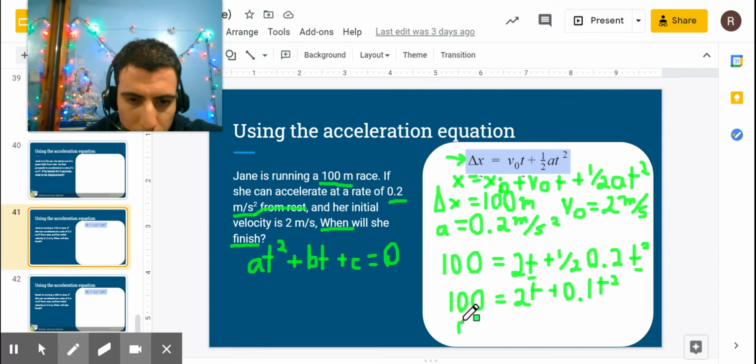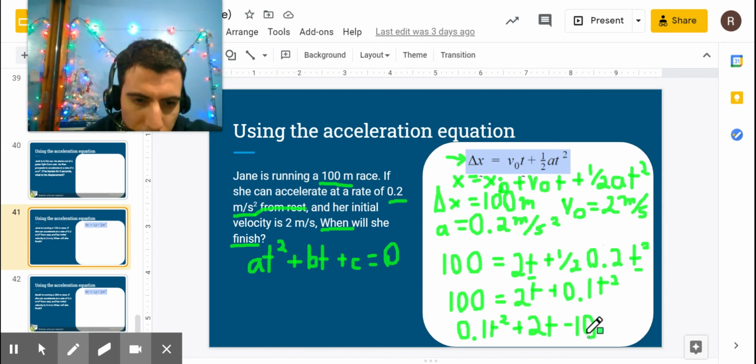So I have 0.1 t squared plus, and this is my b term, 2t, minus 100, because I need to move 100 to the other side so that I can get 0.